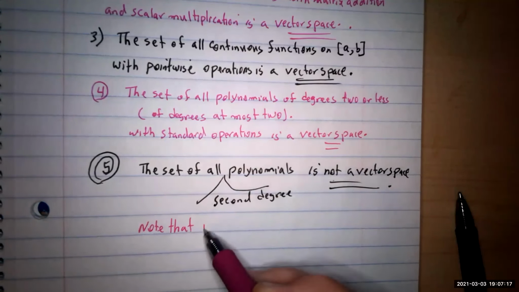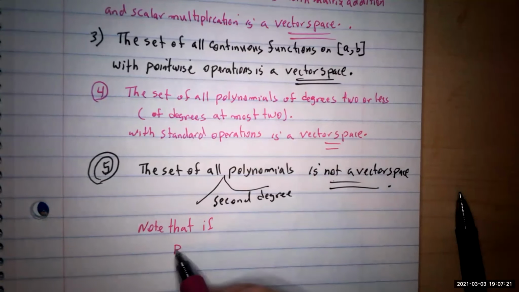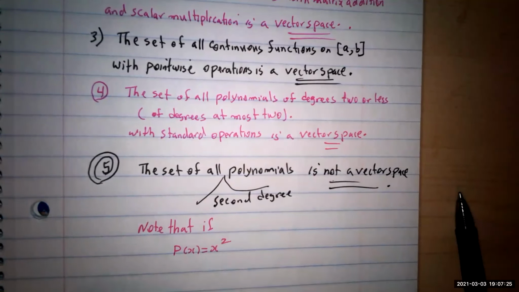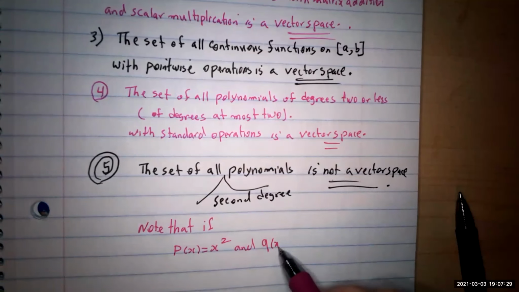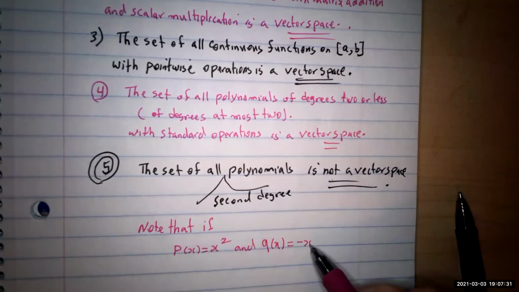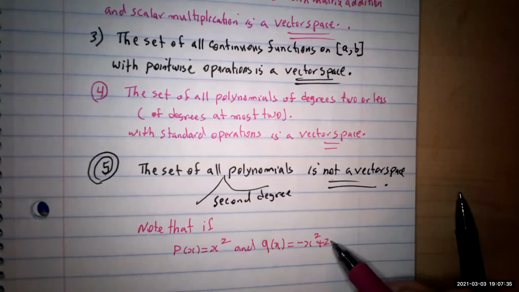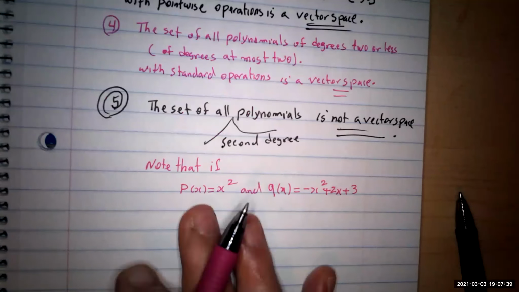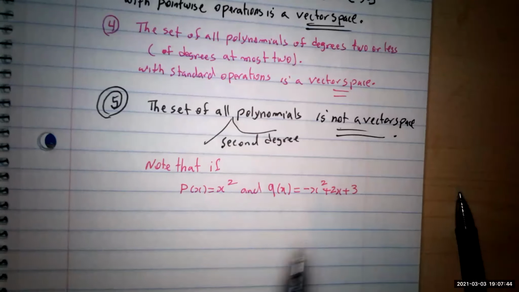Note that if you consider 2 polynomials, p of x equal to x squared plus 1, and the other one, q of x equal to negative x squared plus 2x plus 3, both of them are in your set, so their sum must be in the set too.